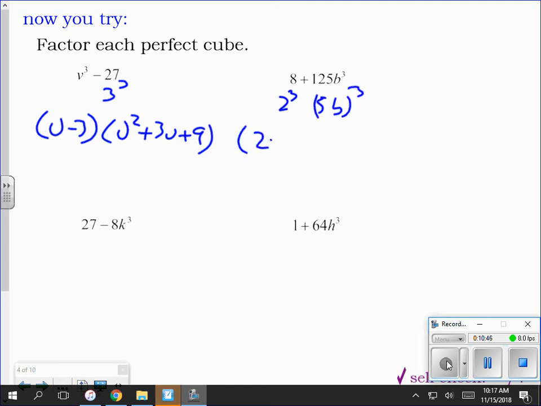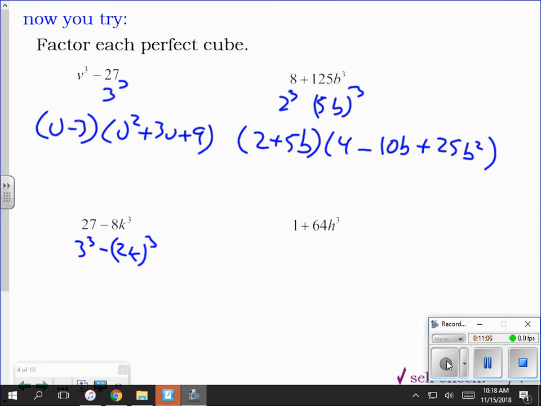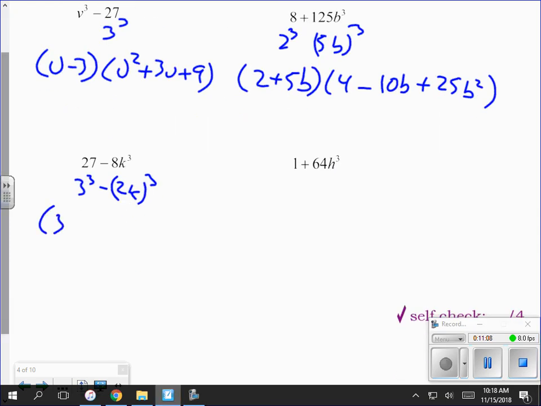So I have 2 plus 5b times 2 squared, which is 4 minus, multiply the 2 to get 10b, plus the last one squared, 25b squared. Next one is 3 cubed minus 2k cubed. So I get 3 minus 2k, 3 squared, which is 9, plus multiply the 2 to get 6k, plus 2k squared, which is 4k squared.